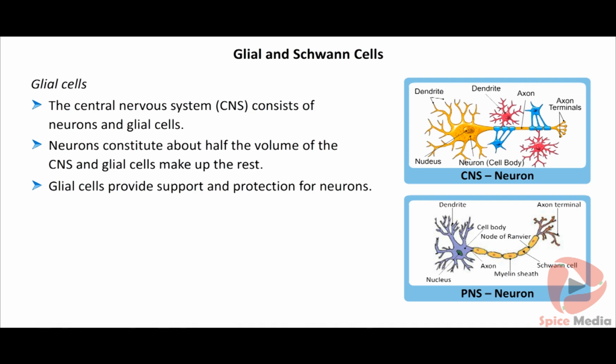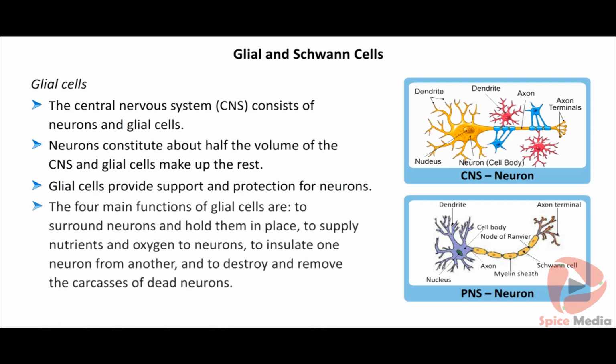They are thus known as the supporting cells of the nervous system. The four main functions of glial cells are to surround neurons and hold them in place, to supply nutrients and oxygen to neurons, to insulate one neuron from another, and to destroy and remove the carcasses of dead neurons.